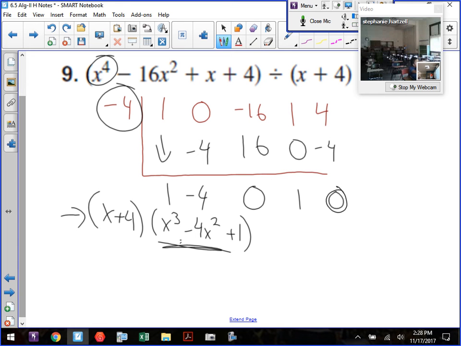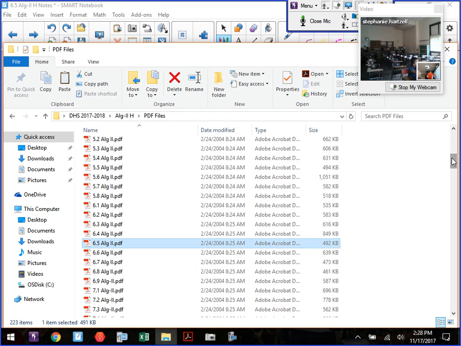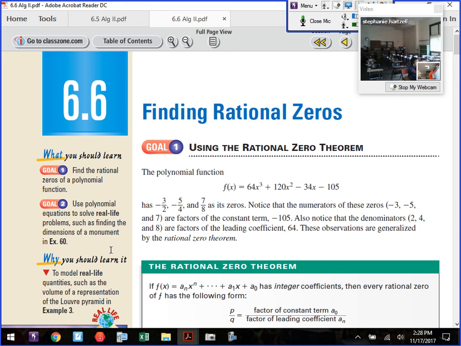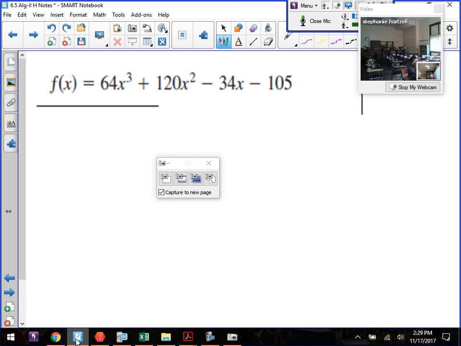The benefit of synthetic division is going to come when we get to something like this that I need you to find all the zeros.